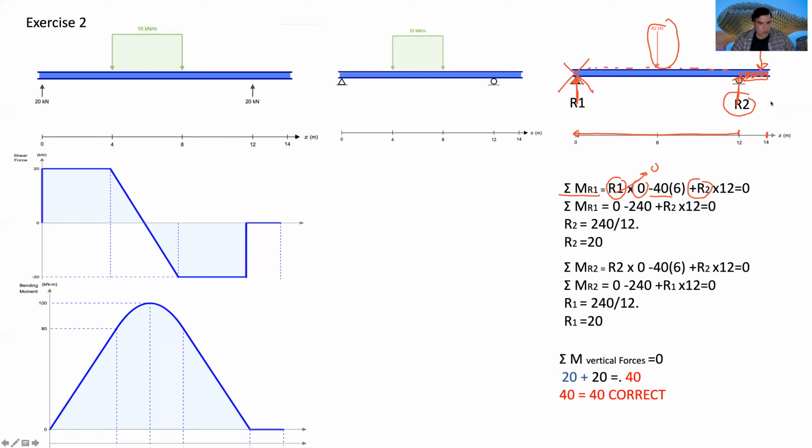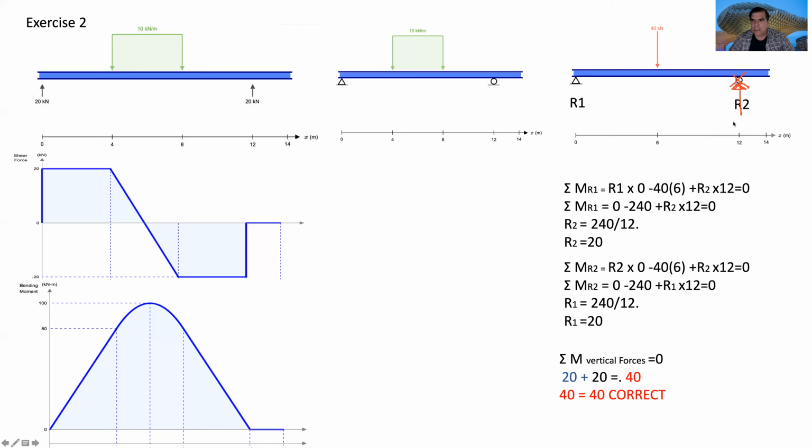Well, we do exactly the same. We take out R2 from this equation, and the result is 20. After we finish, let's clear, and we put an X in R2. This is our reaction.